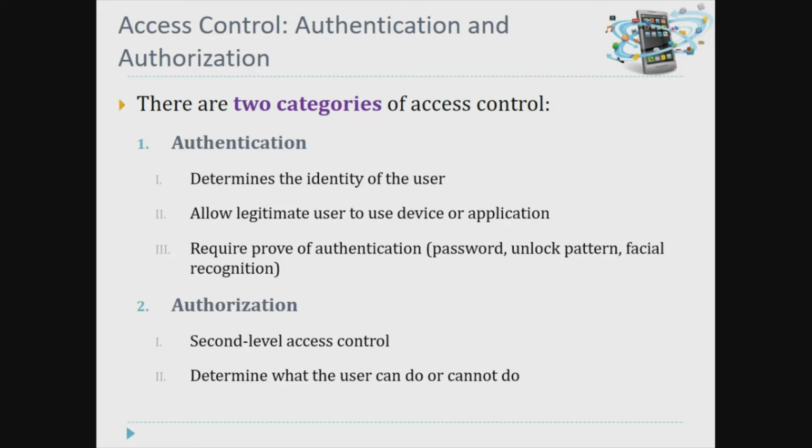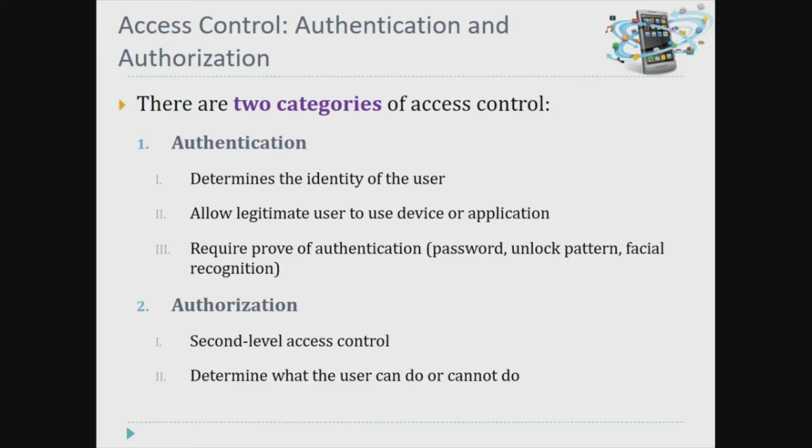Usually the proof of authentication is the password and the biometric part, those are the ways we do authentication. Some discussion about authentication includes double authentication and triple authentication in order to make it more secure.